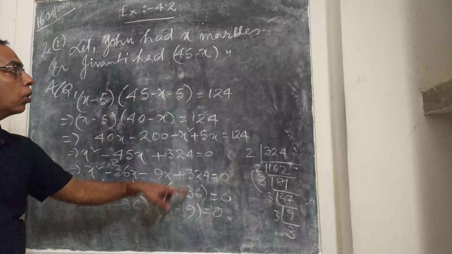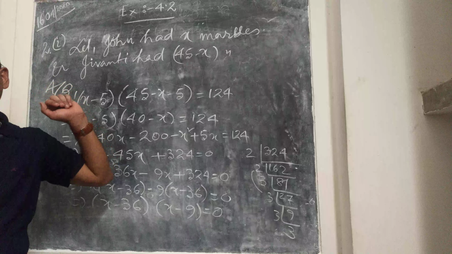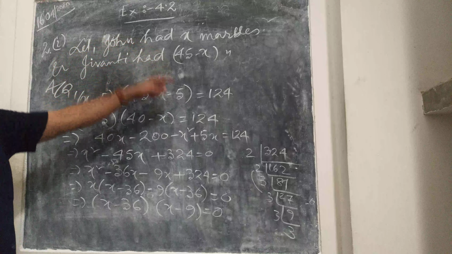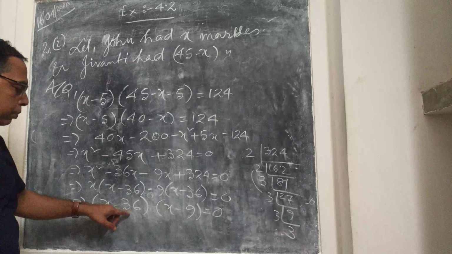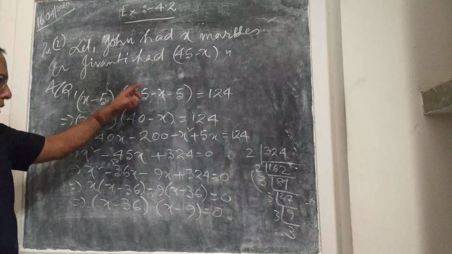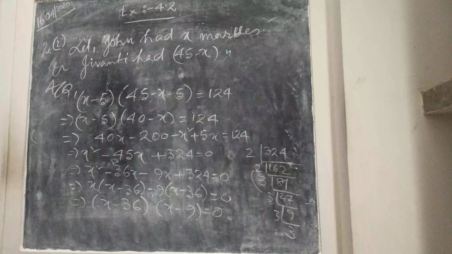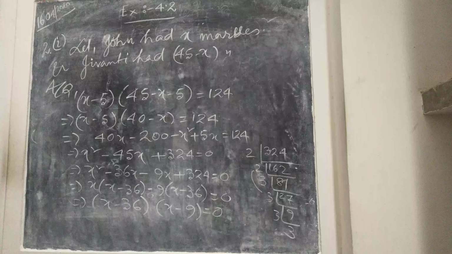So 31 into 4 is 124. The answer is correct. So therefore, John had 36 marbles and Jivanti had 9 marbles. Okay. Clear? Then the next one you do by yourself.